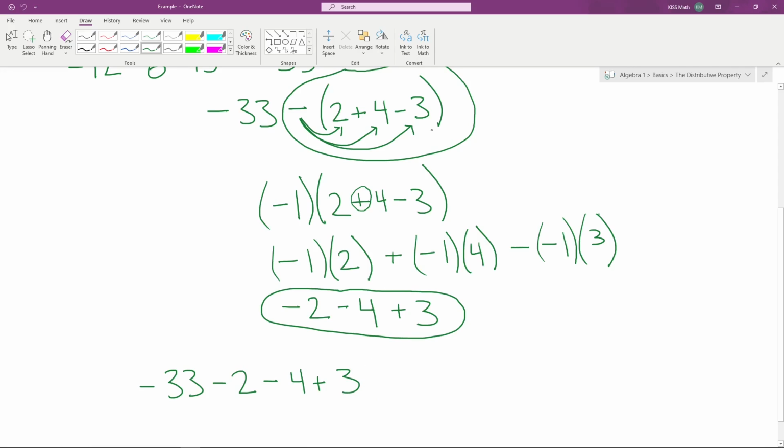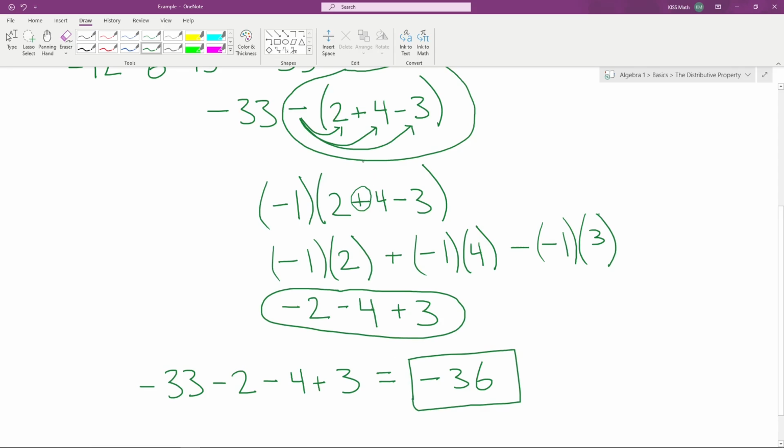And so I haven't changed anything. I've just rewritten this using the distributive property in a way that looks like this. And so if I evaluate that, that would be negative 35 minus 4 is negative 39 plus 3. And we get our negative 36 answer that we were looking for from the beginning.